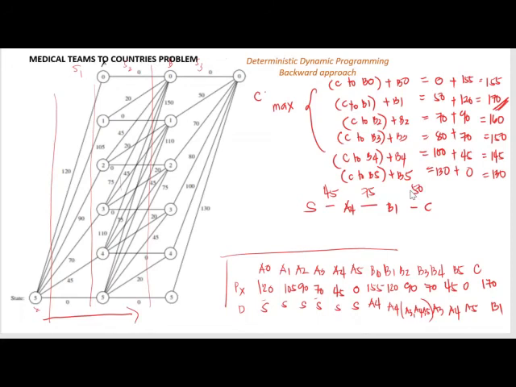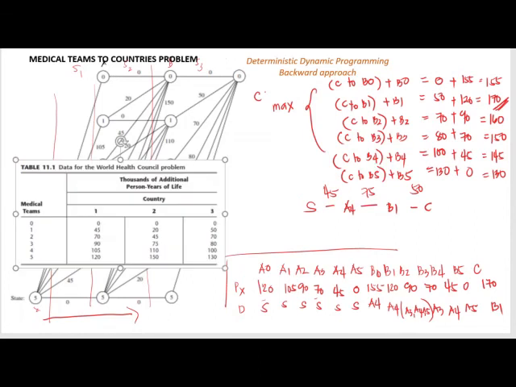Okay, so let's recheck in the table. So I have here the table. That 45 says that we must allocate medical team 1 to country 1. And then the 75 is medical team 3, country 2.